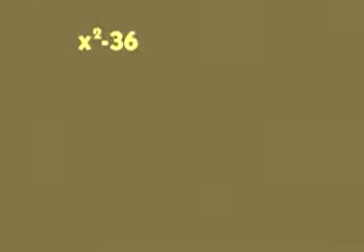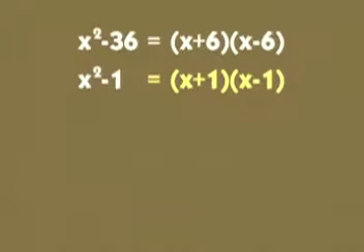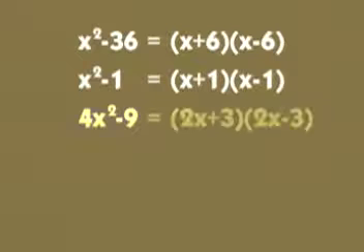and how the final constant is always a negative perfect square. In other examples, x squared minus 36 is x plus 6 times x minus 6. X squared minus 1 is x plus 1 times x minus 1. And 4x squared minus 9 equals 2x plus 3 times 2x minus 3.